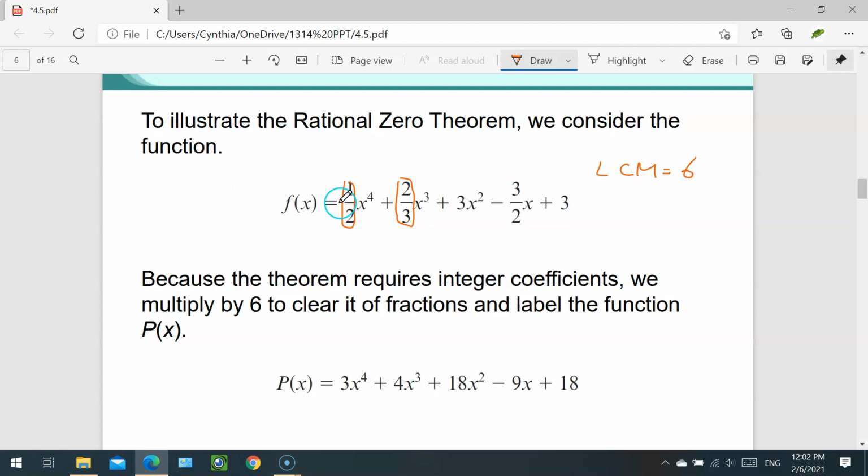You multiply by 6 into each term, and do that for each single term. Then you get 3x to the 4th, because here it reduces to a 3, plus 4x cubed plus 18x squared minus 9x plus 18. Once you change your function into integer coefficients, then you can find all possible rational zeros from here.